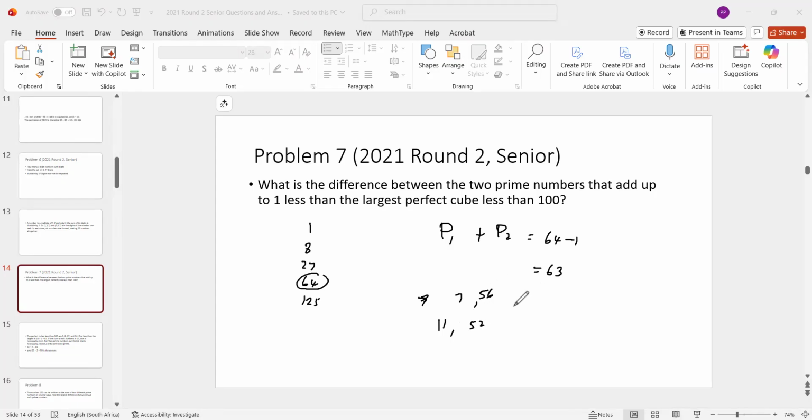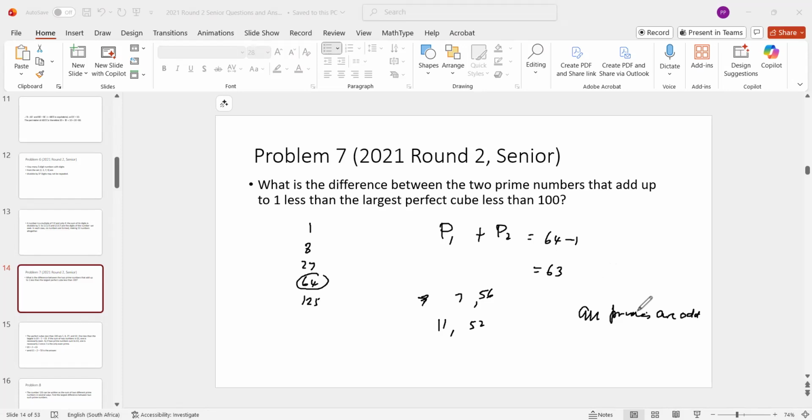Now, it won't take you long to realize that you're always going to get an even number, so that all the primes are odd. The sum of two odd numbers will always be an even number.